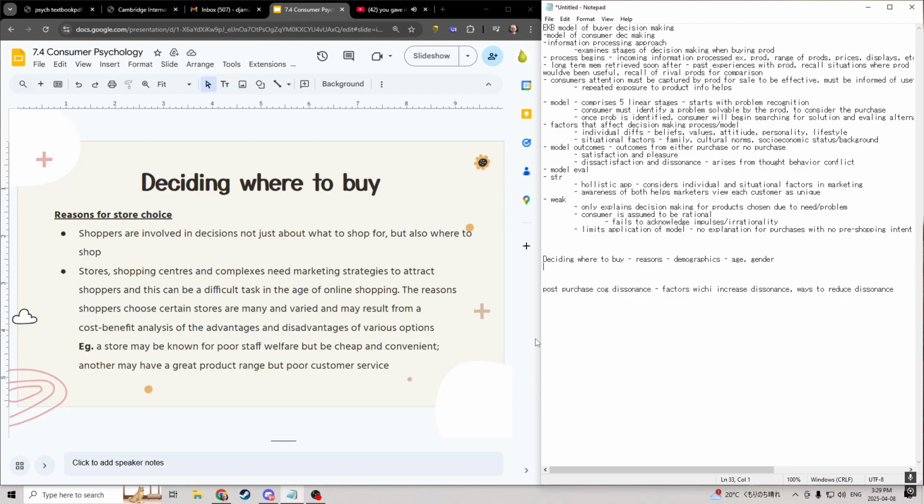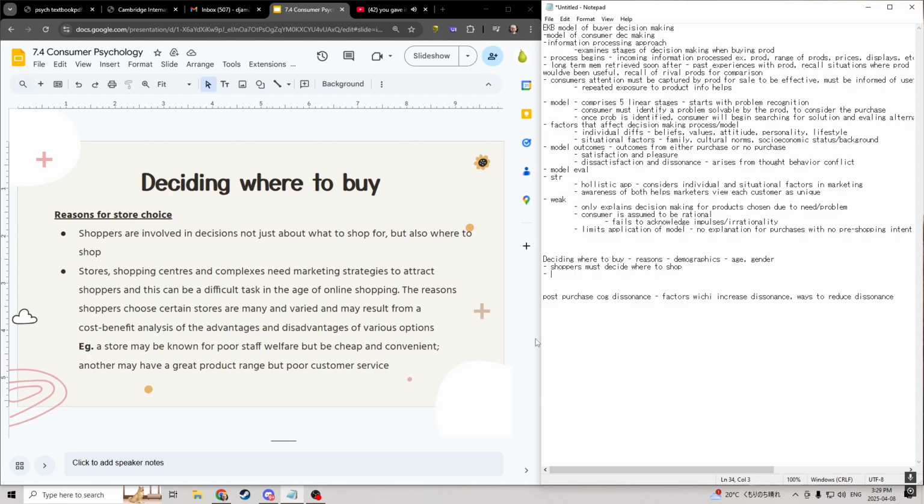Shoppers are involved in decisions not just about what to shop for, but also where to shop. Stores, shopping centers, and complexes need marketing strategies to attract shoppers, and this can be a difficult task in the age of online shopping. The reasons shoppers choose certain stores are many and varied and may result from a cost-benefit analysis of the advantages and disadvantages of various options.